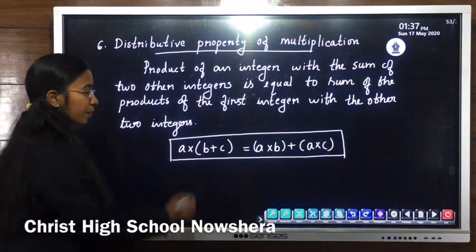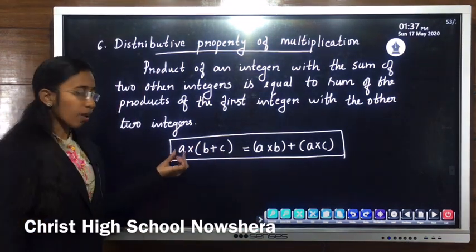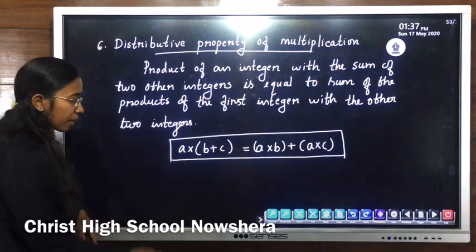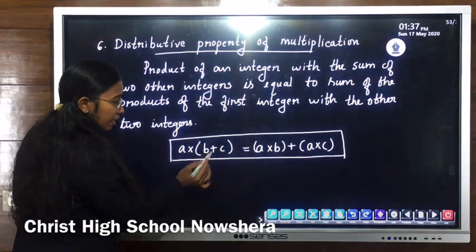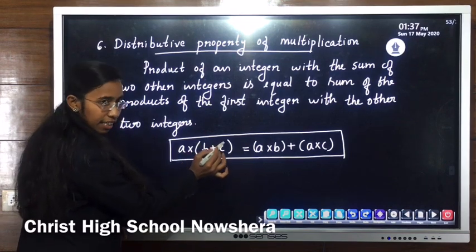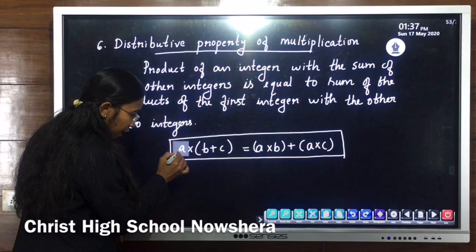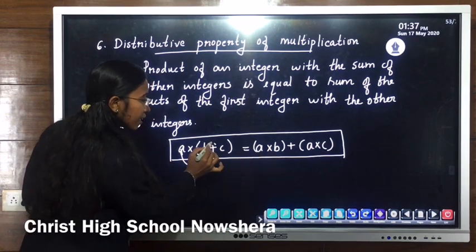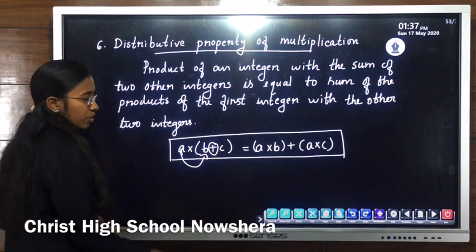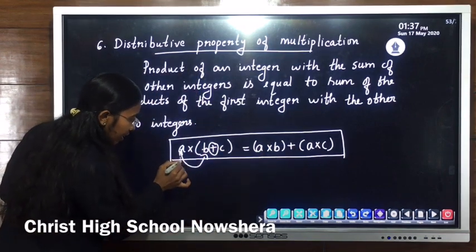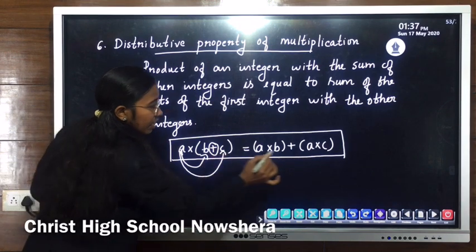Outside this bracket one integer is there, a is the integer. So when we multiply a into (b plus c), this a is common for both b and c, which means first we multiply this a with b, that is a into b. Then here the sign is positive. This sign we apply here also, and again a into c.